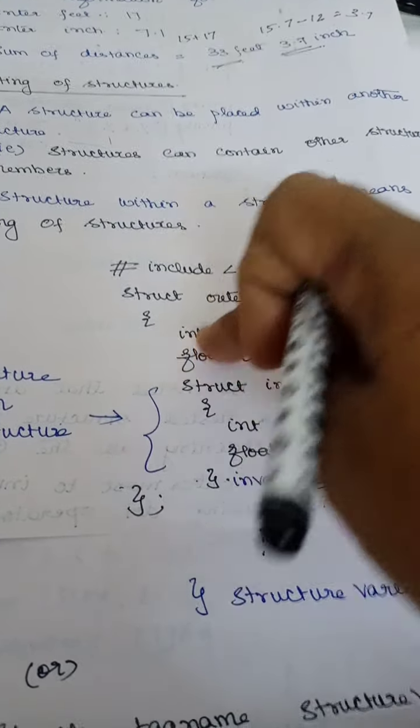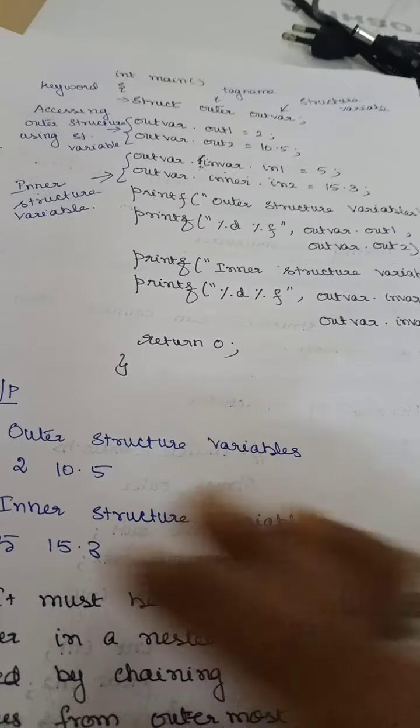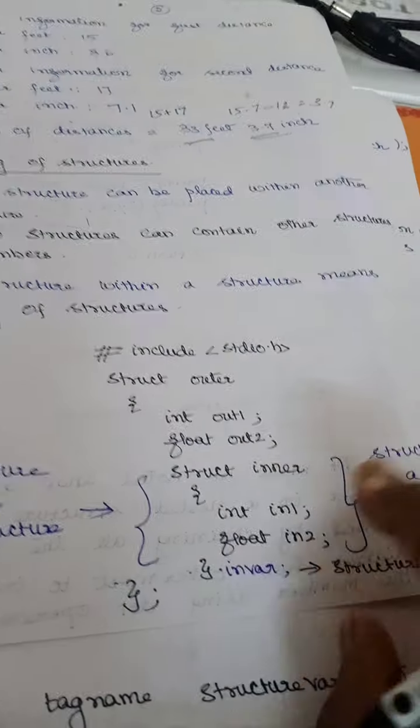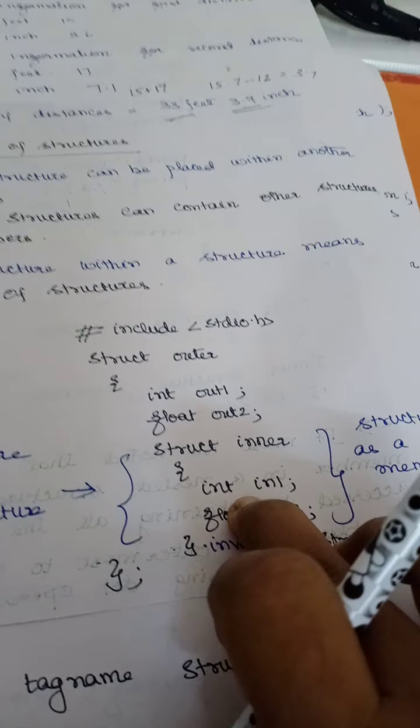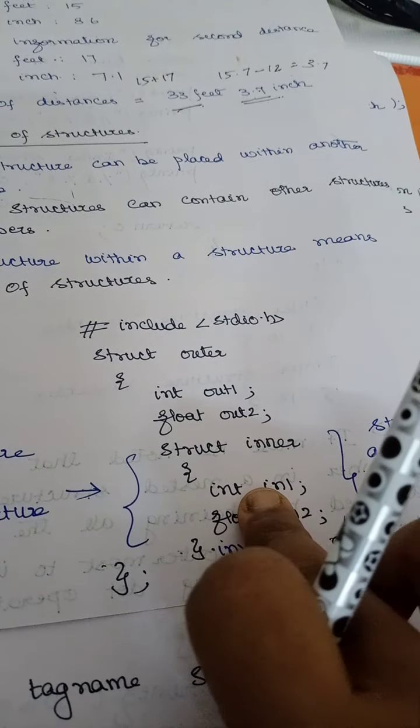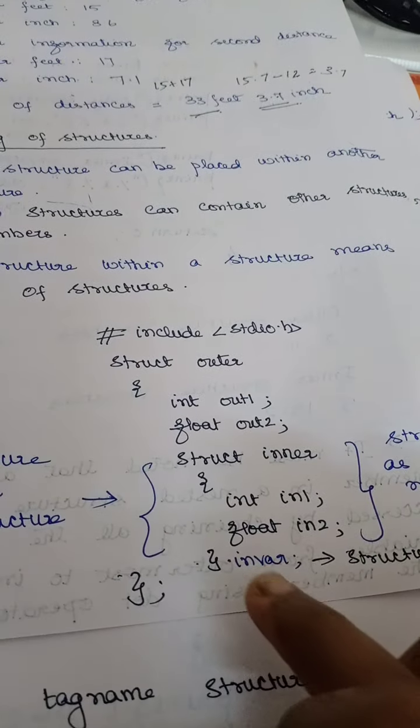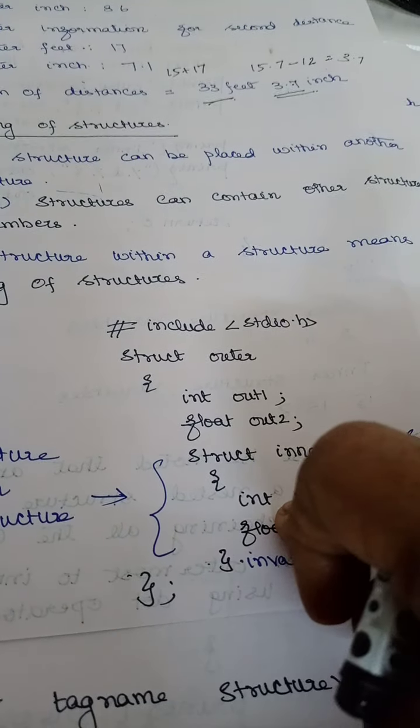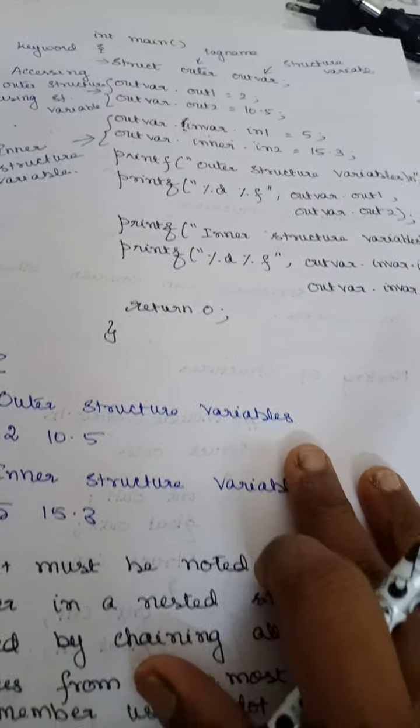So how many structures do you want to add? You can add. See, inside this also I can have one more structure. So how will you access that particular member? Outer dot inner dot that particular variable dot the member. Right? So it keeps on going like this.